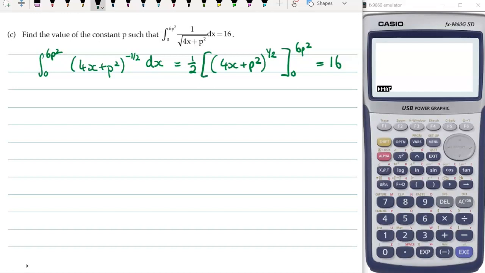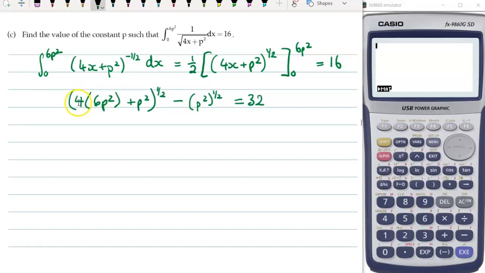And then we would have, if we pop 6p squared in for x, 4 times 6p squared plus p squared to the half minus 4 times 0, so then just p squared to the half, and that will be equal to, if I take the half over and multiply by 2 on the other side, 32.